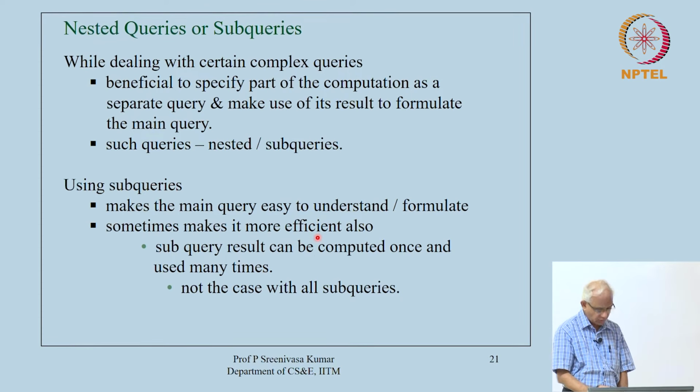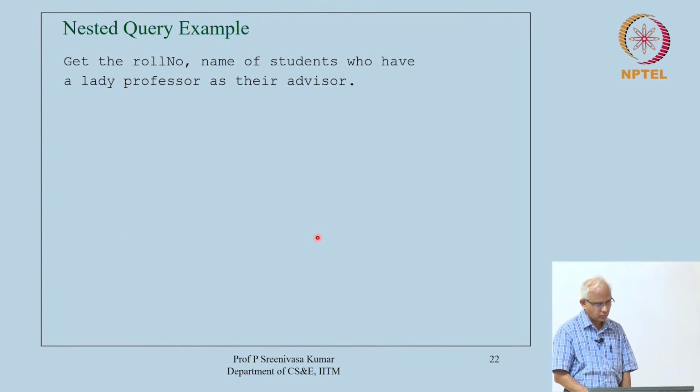So, let us see how subqueries can be introduced. Get the roll numbers and names of students who have a lady professor as their advisor. Now, you could imagine an independent query that first figures out who the lady professors are.